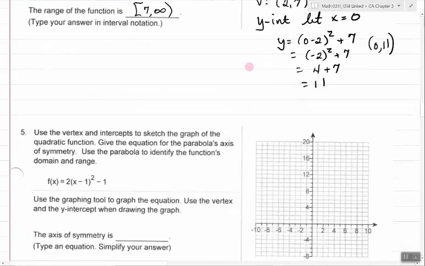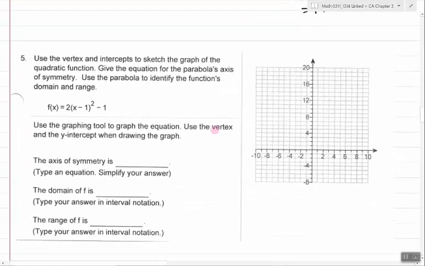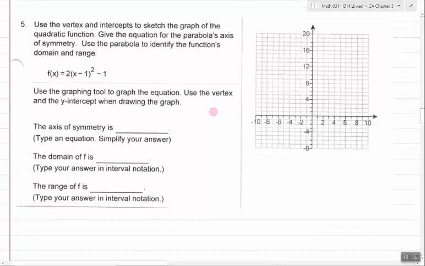All right, let's look at number 5. It is more of the same. The only difference is that this has a coefficient of a is 2, but that will affect some things, but MyMathLab will take care of it.